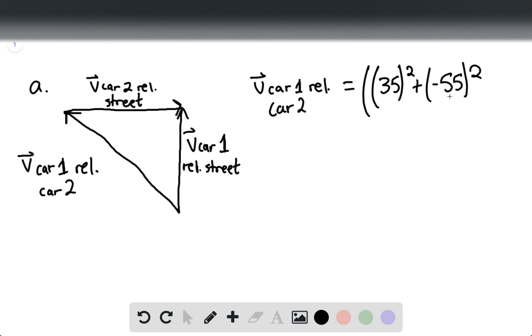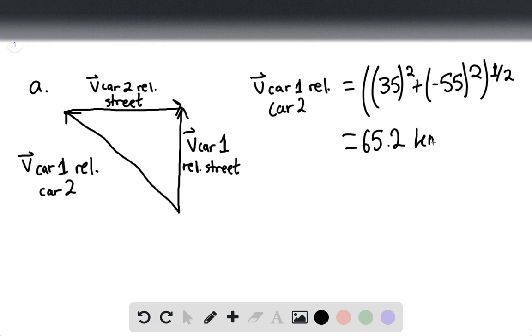Here, the magnitude of the velocity of car 2 relative to the street becomes negative 55 because the resultant vector, car 1 relative to car 2, is going the opposite direction of car 2 relative to the street. So we need the magnitude of car 2 relative to the street to be a negative velocity. And again, all of this is going to be to the 1/2 power.